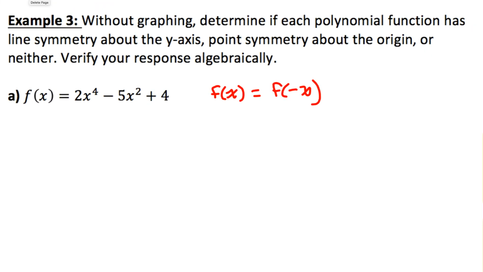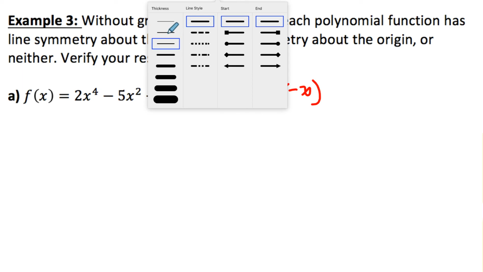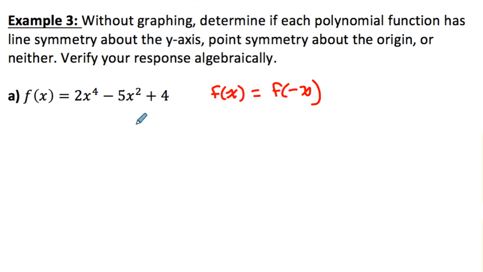So all we have to do is algebraically prove that f of negative x is equal to this. So let's do that. Let's get an expression for f of negative x and show that it's the same as f of x. So f of negative x would be equal to, well, all I have to do if I want an expression for f of negative x is replace all the x's in this equation with negative x, and then simplify.